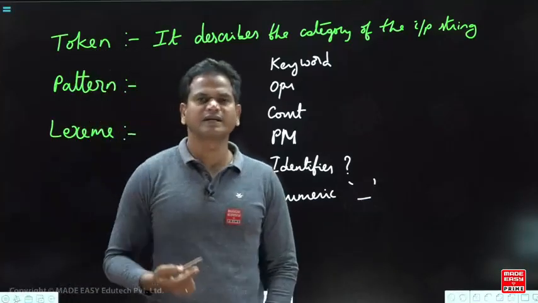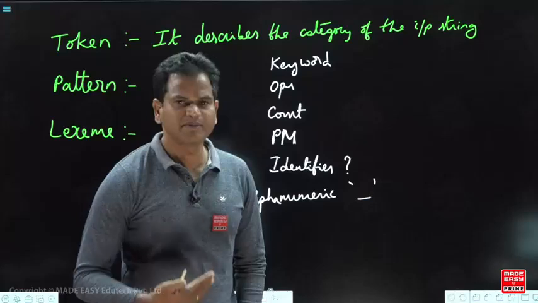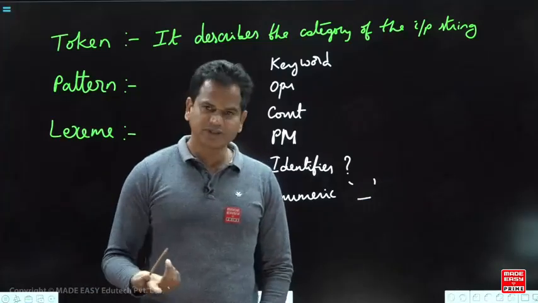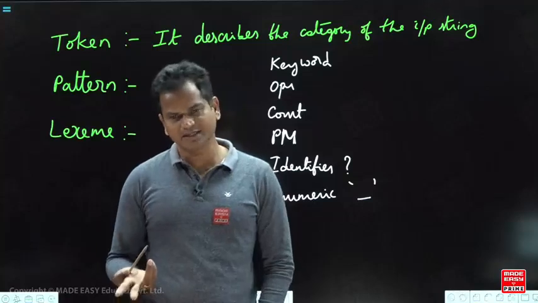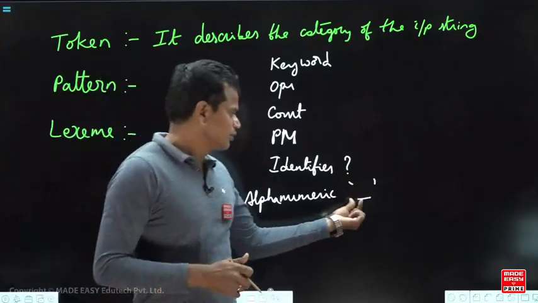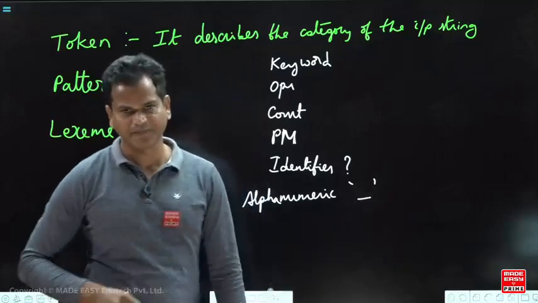Whenever you define and give a name to a variable, you can name it using alphabets, numerals, or a combination of both, and the only special symbol allowed is the underscore.